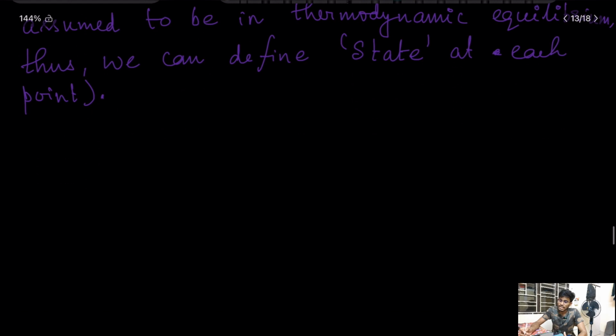Now if E is a property and the substance is a simple compressible substance, actually incompressible, the theory of simple compressible substance still applies. Why do we use the term simple compressible substance? Because it is simple: we don't care about any effect other than mechanical work, that is the PdV work.